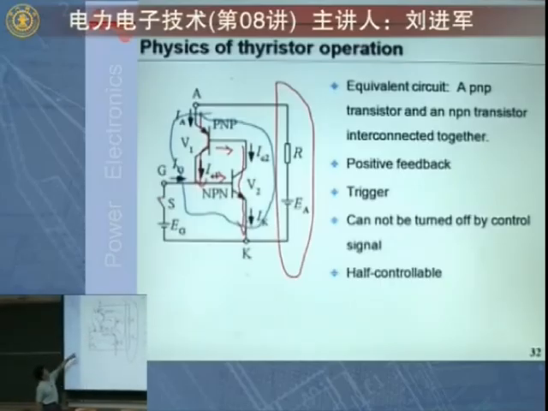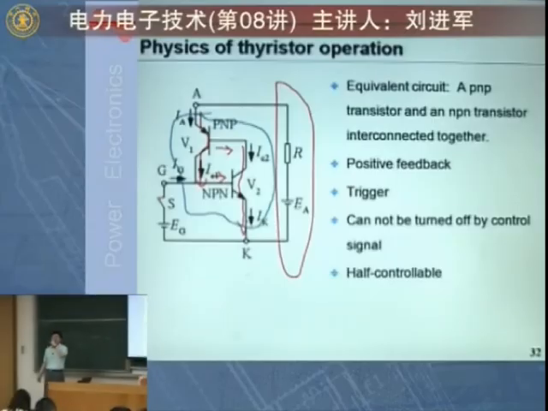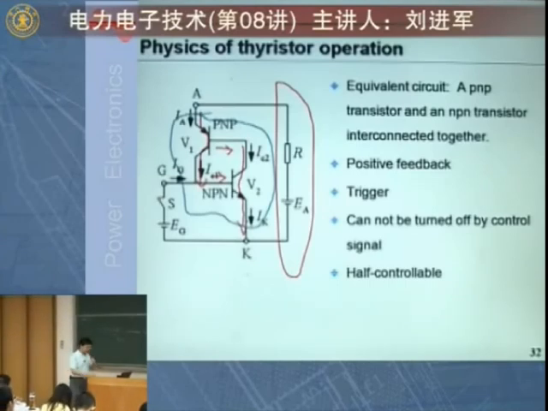IK is flowing out of the circle. IG and IA are the currents flowing into the circle. So that's always existing.